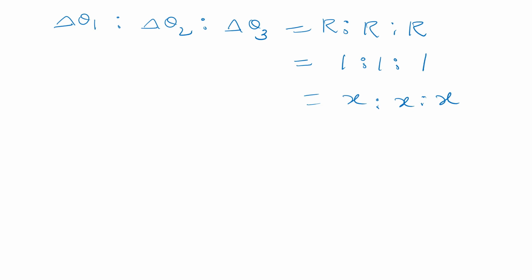X is to X. Substituting delta theta is equals to delta theta 1 plus delta theta 2 plus delta theta 3.